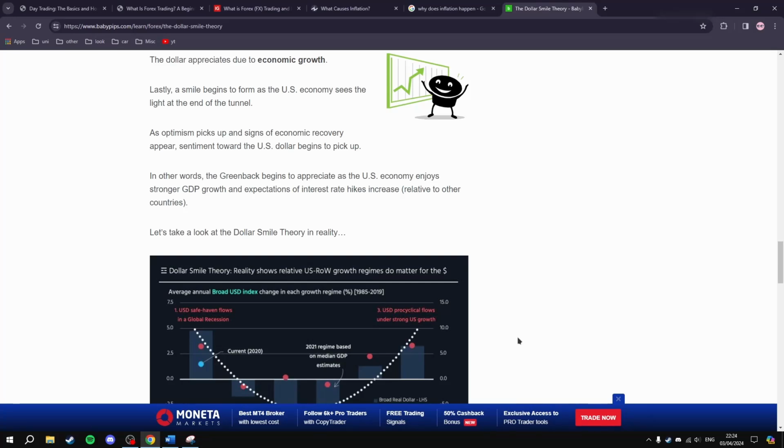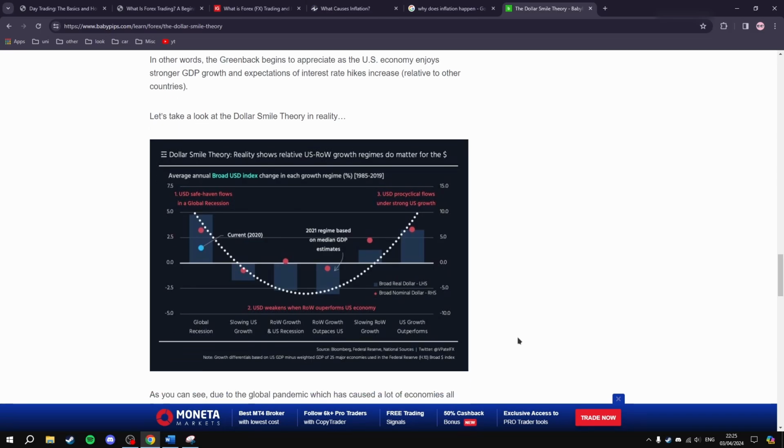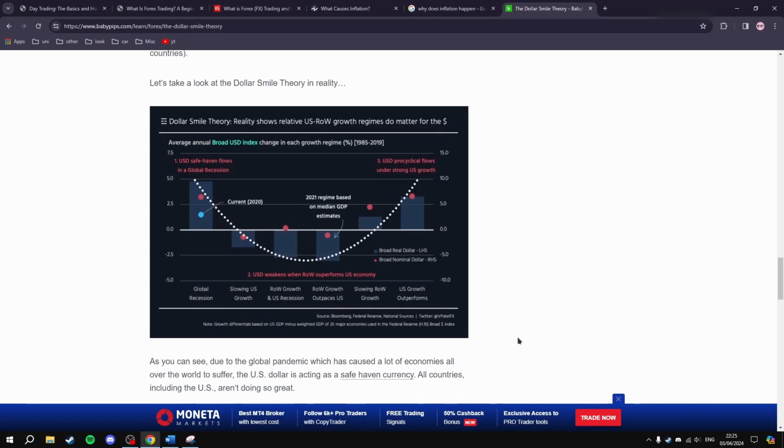Lastly, a smile begins to form as the US economy sees the light at the end of the tunnel. As optimism picks up and signs of economy recovery appear, sentiment toward the US dollar begins to pick up. In other words, the greenback begins to appreciate as the US economy enjoys the stronger GDP growth and expectations of interest rate hikes increases relative to other countries.